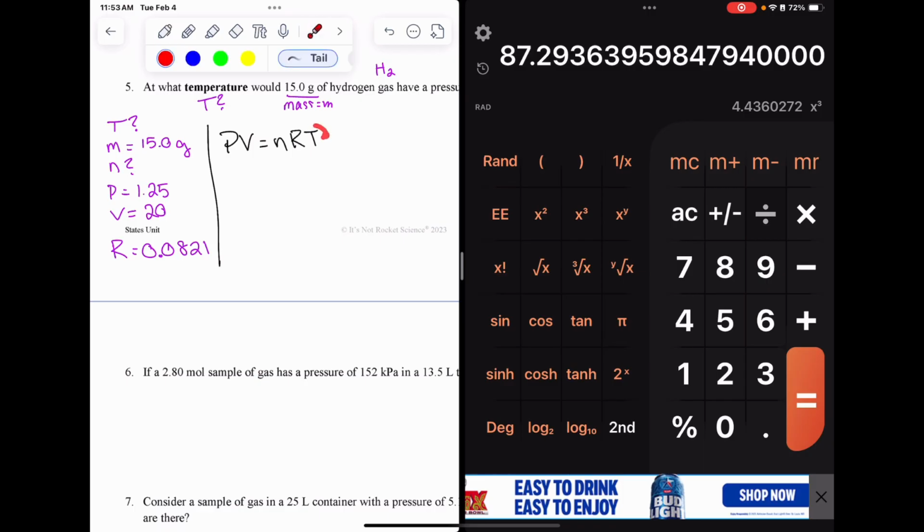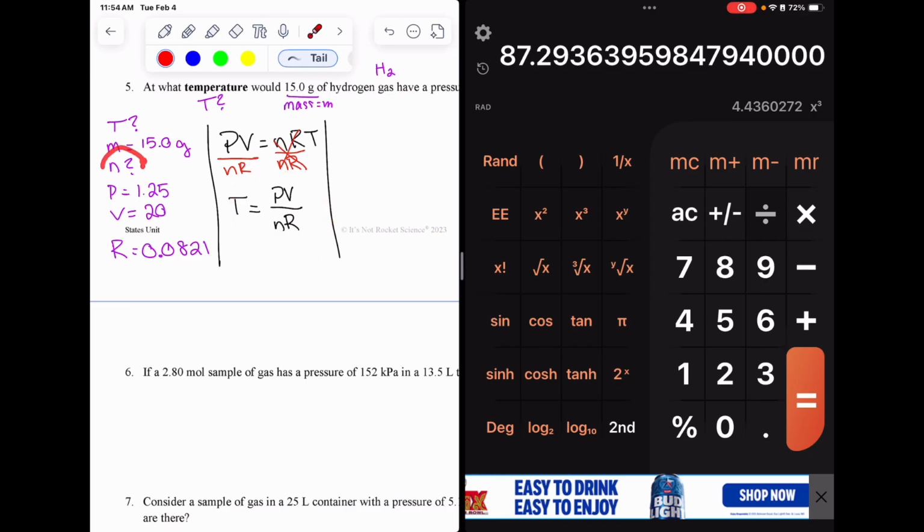We are going to be looking for temperature. So in order to do that, we need to get rid of n and R on both sides. That way T is by itself. We get pressure and volume on top of number of moles and our gas constant. So this would be our formula we're using.